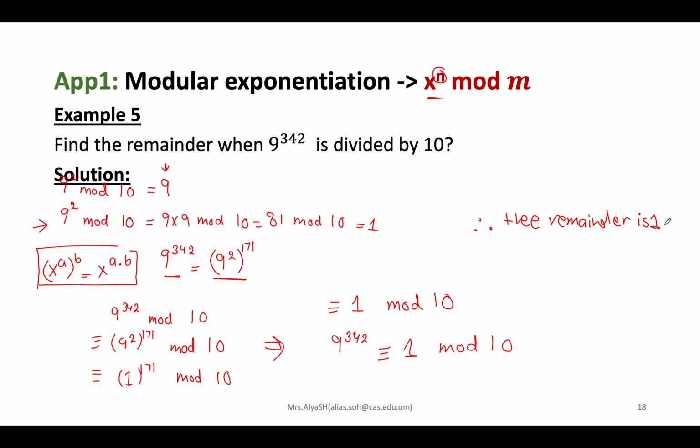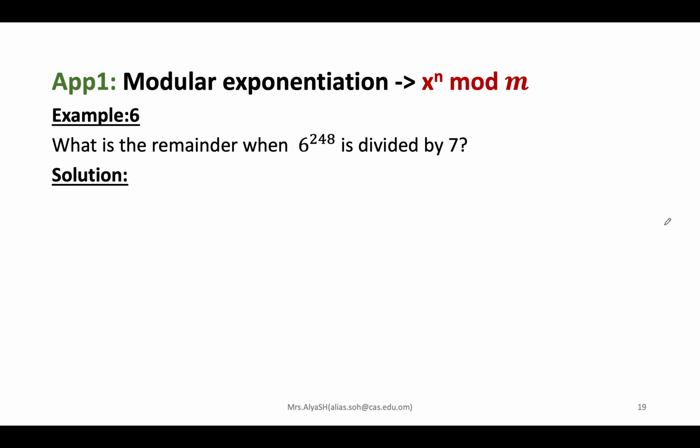Okay, let's check the next problem, and I believe that it will be clearer to you. So here we have 6 to power 248 when it's divided by 7. What we need to do is simplify the huge number to a smaller number, find the remainder, and replace it.